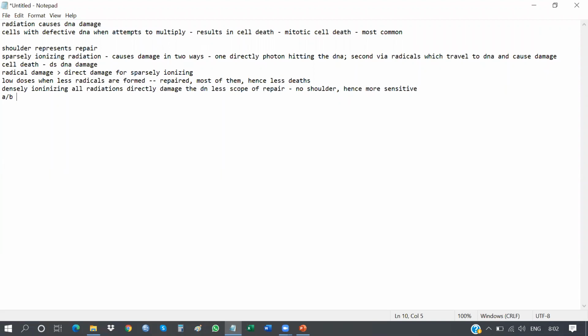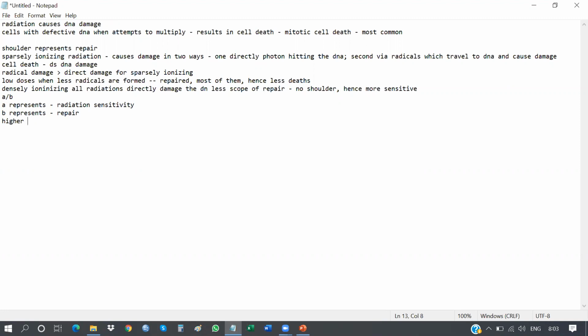So this ratio, alpha by beta: alpha represents radiation sensitivity, and beta represents repair.